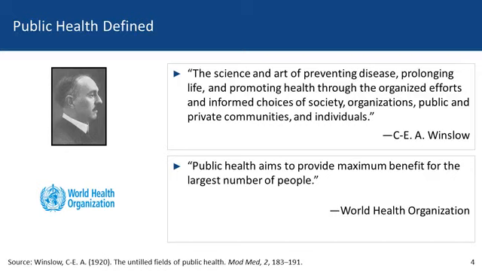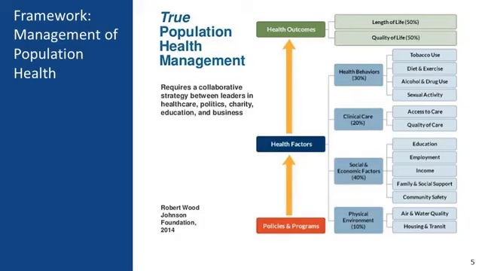In this slide, we show a framework put forth by the Robert Wood Johnson Foundation in 2014 about the management of population health. At the top of this framework, you see the two components that comprise health outcomes. These are the length of life, or life expectancy, but equally important, the quality of life.